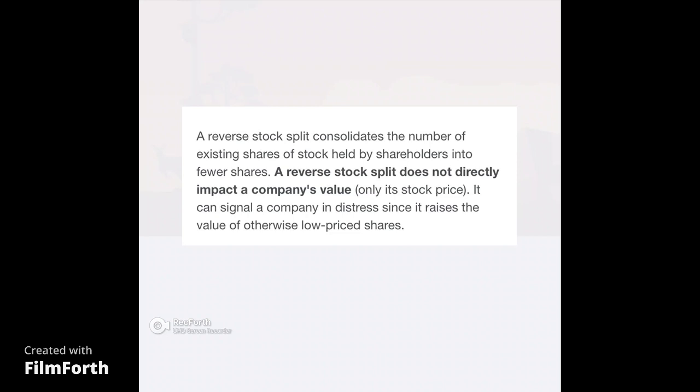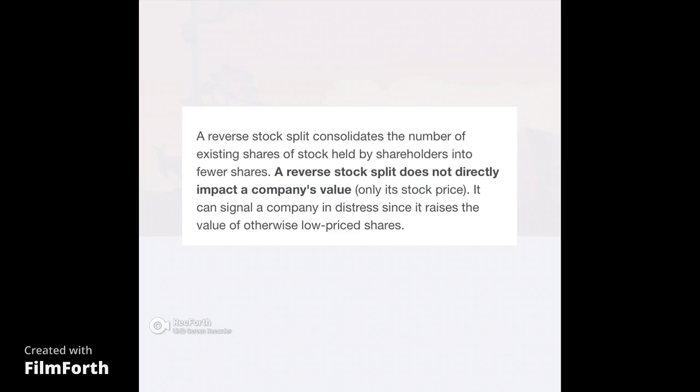So if you had 100 shares at 20 cents and they do that 1-for-10 reverse split, that equates to $2 per share, and you'll now own 10 shares at $2 versus 100 shares at 20 cents. So as you can see, it still has the same value. You just own fewer shares.